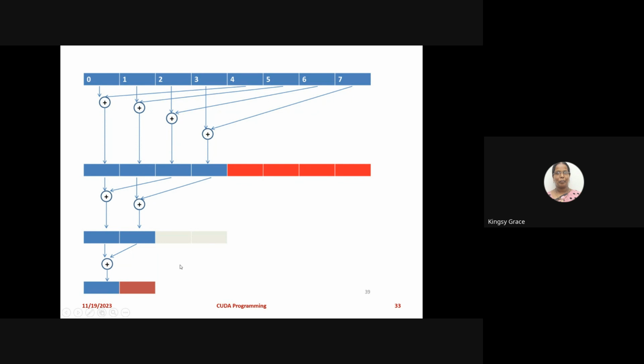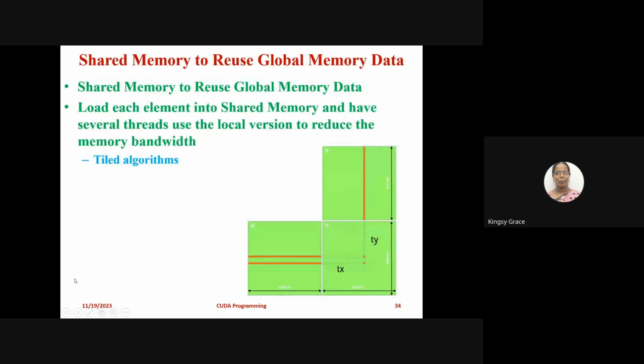Remember the dot product: we multiply A0 into B0, A1 into B1, A2 into B2, and so on, and then add them. Here, thread 0 is added with thread 4, thread 1 with thread 5, thread 2 with thread 6, and thread 3 with thread 7. This is also parallelized: at the same time these pairs are added, and at last the final two are added and we get the result. We can simulate this.